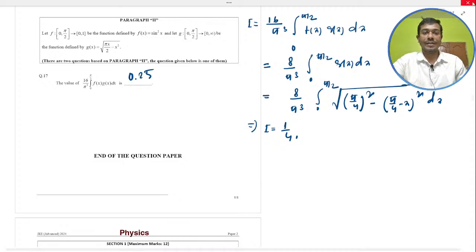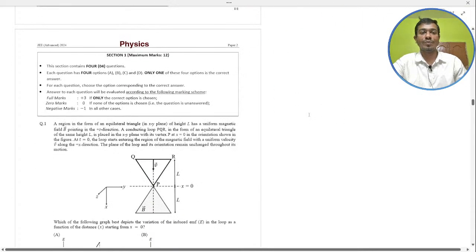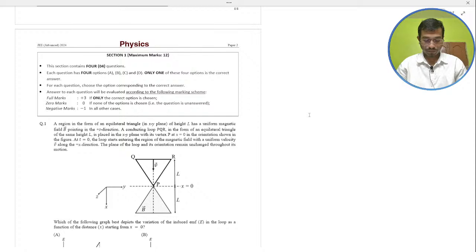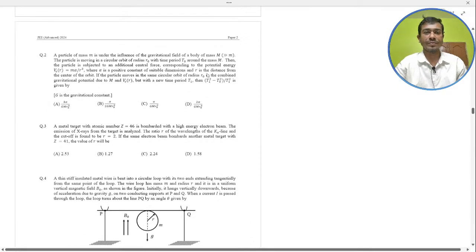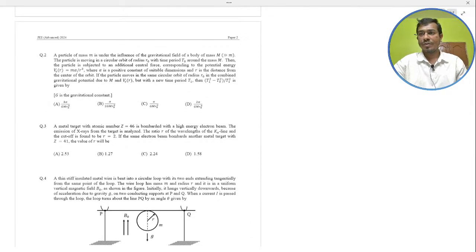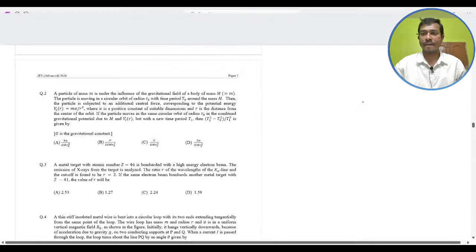Next, go ahead to the physics part, paper 2. Question number 2.